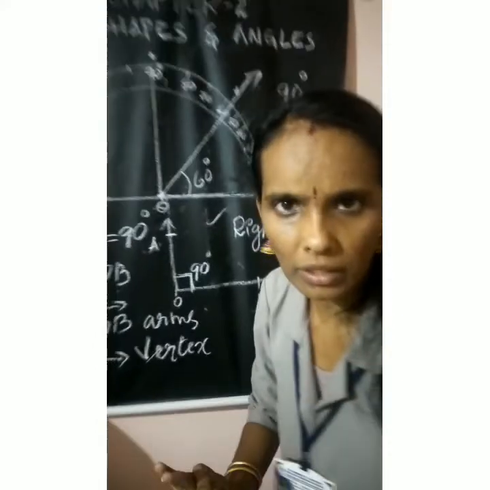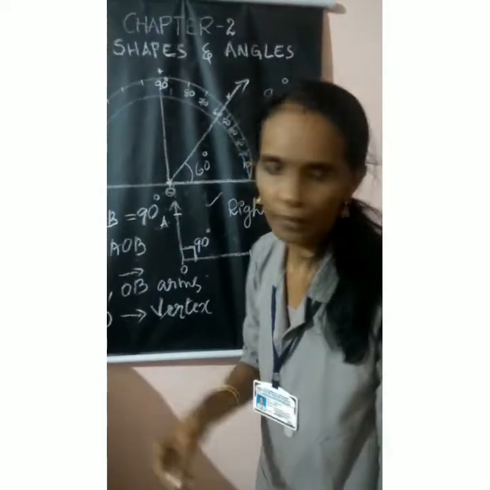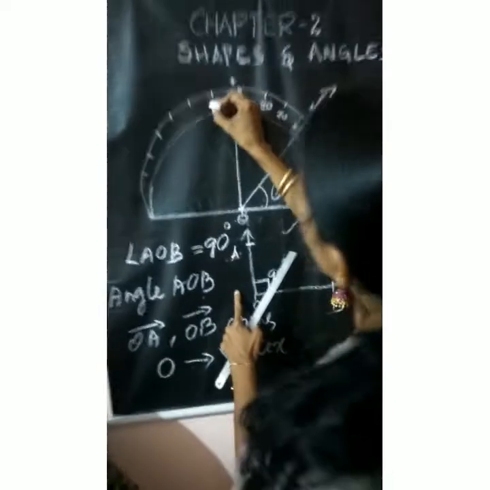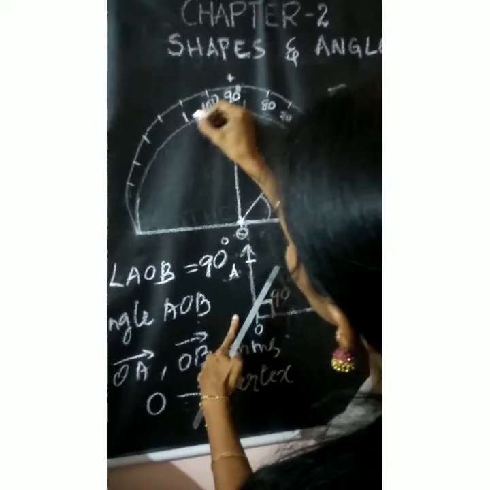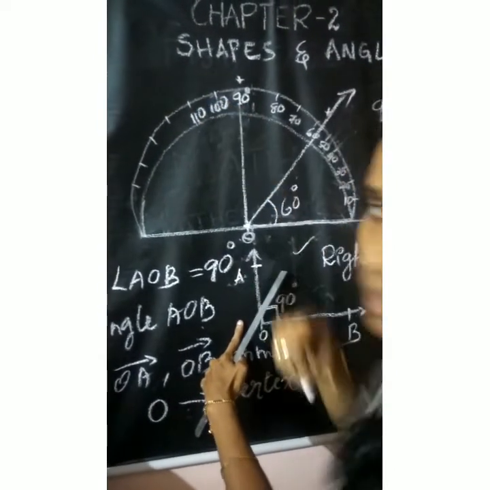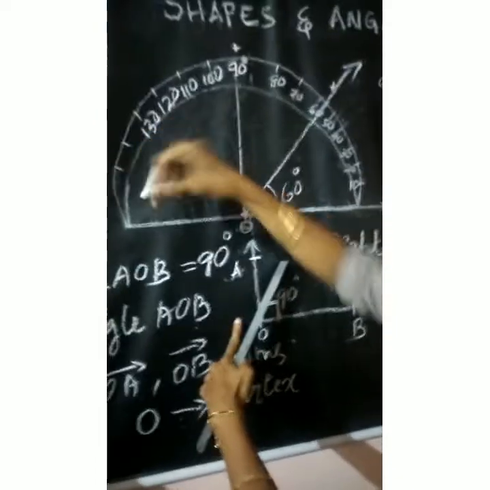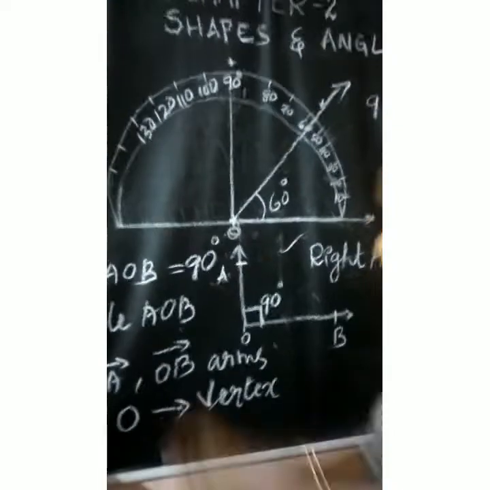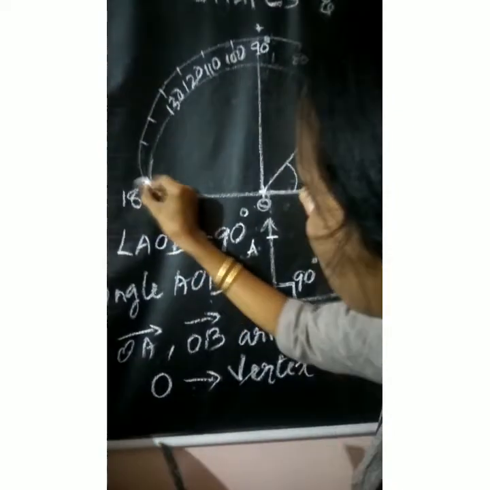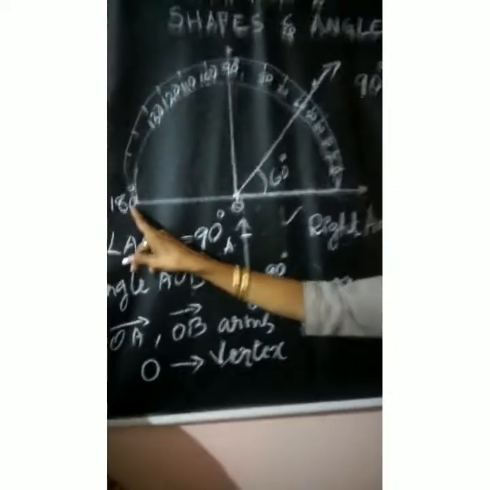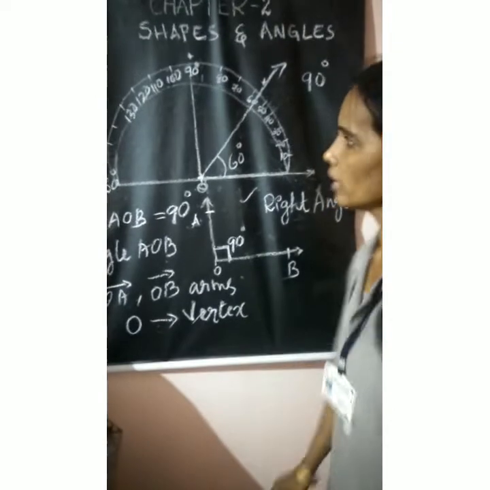With practice you will get more idea. After 90 it is surely 100, 110, 120, 130, and finally here it is 180 degrees. This straight line position is 180 degrees.